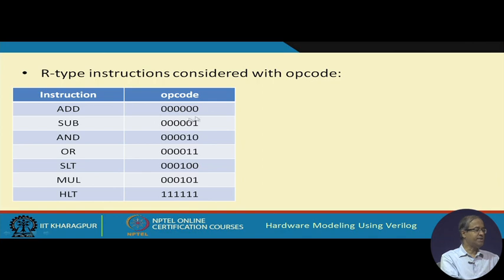And we are assuming that these are the opcodes: all 0 is for add, 1 is for sub, 2 in decimal is AND, 3 for OR, 4 for SLT, 5 for MLT, and all ones, which is actually 63 in 6 bits.